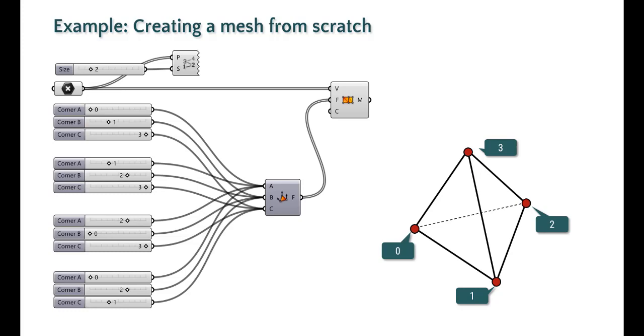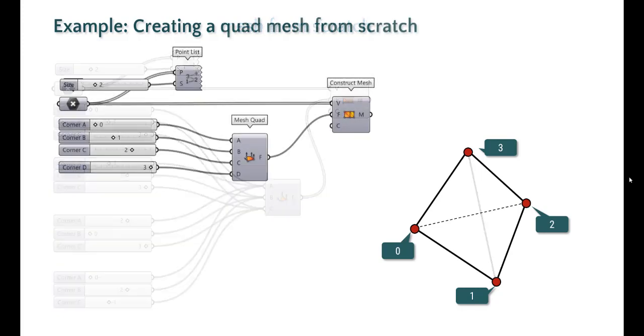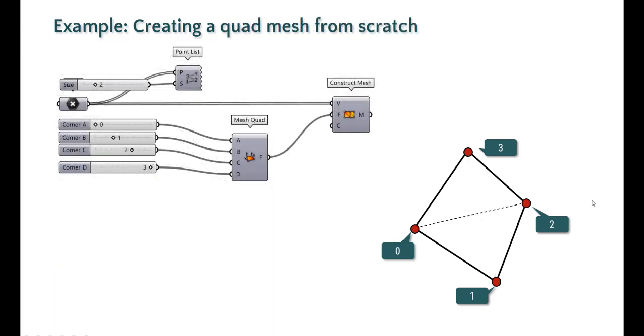Okay, so let's look at making a quad. So a quad's a little easier because with the 4 points, you would only have one mesh face. You could potentially describe a closed one if you sort of gave different topologies.